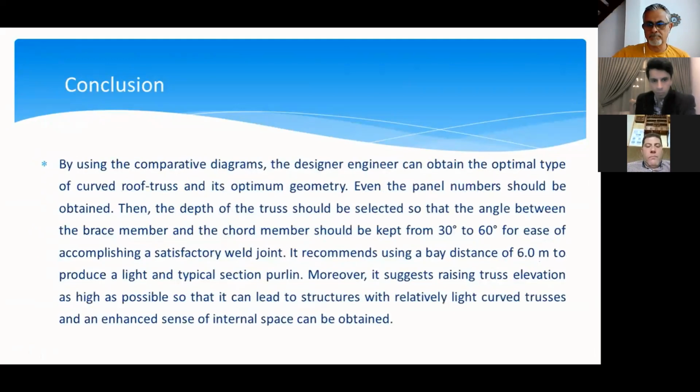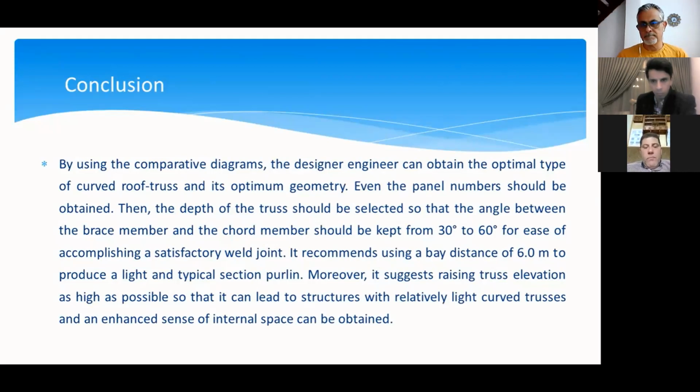Now, by using the comparative diagrams, the design engineer can obtain the optimal type of curved roof trusses and its optimum geometry. Even panel numbers should be obtained, then the depth of the truss should be selected so that the angle between the brace member and the chord member is kept from 30 degrees to 60 degrees.